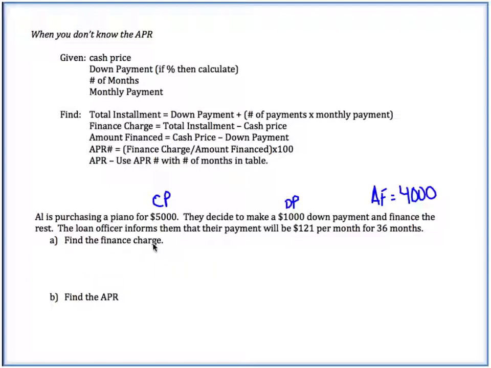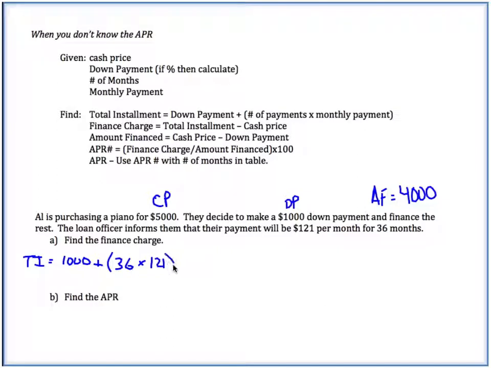Okay, so that's going to be everything above what they had wanted to pay. So we're going to take the total installment price minus the cash price. So total installment is going to be your down payment of $1,000 plus the number of payments, which is 36, times the monthly payment of $121.